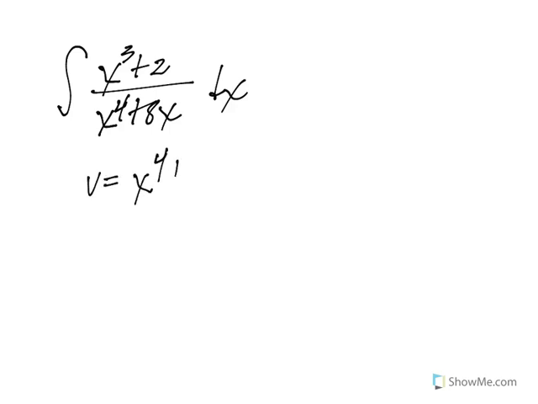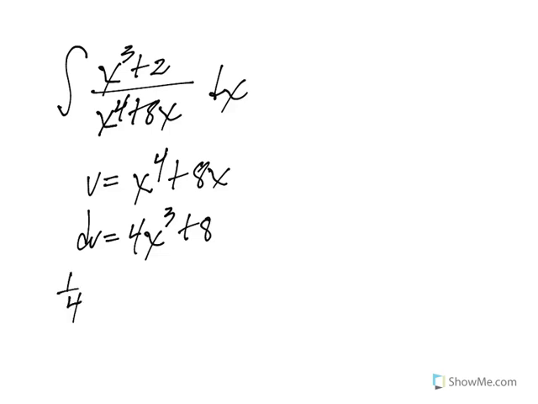I've got x to the 4th plus 8x, and now I derive my du is equal to 4x cubed plus 8, which is close to the top, not quite, but I can take a factor of 4 out of both of them and divide both sides by 4. That gives me 1/4 du is equal to x cubed plus 2 dx, which is exactly what I need.